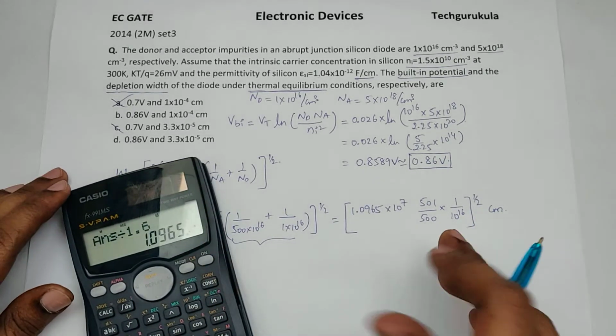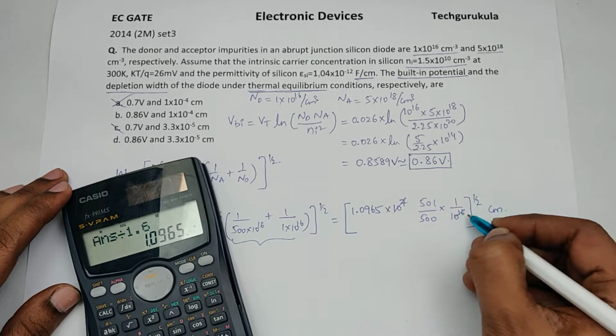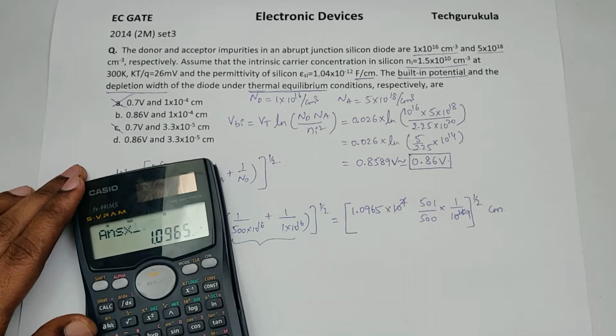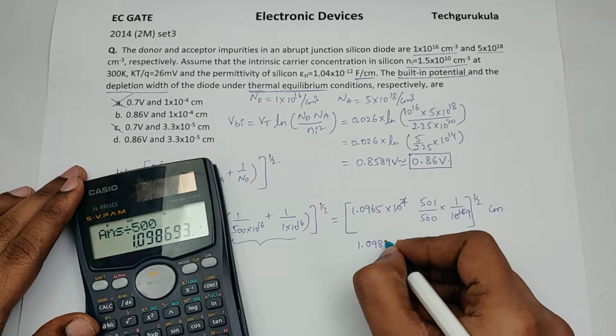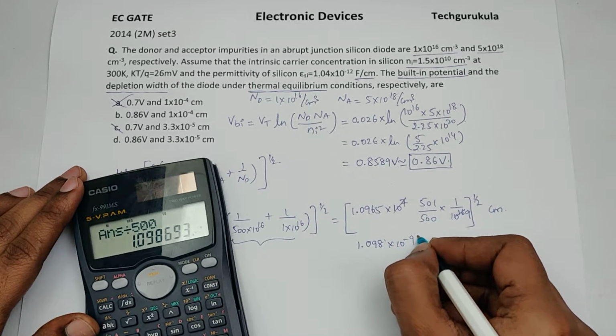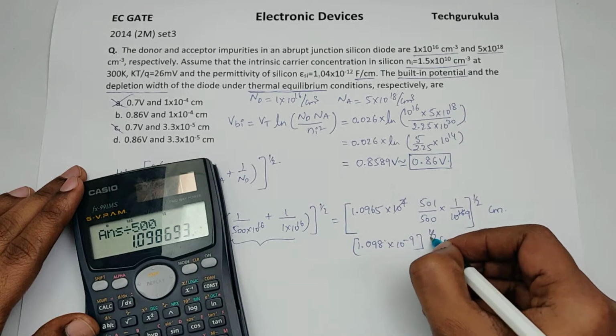So if I reduce this expression, 7 and minus 16 becomes minus 9. Let me multiply this value times 501 divided by 500. This is 1.098 times 10 power minus 9, whole power half, centimeters.